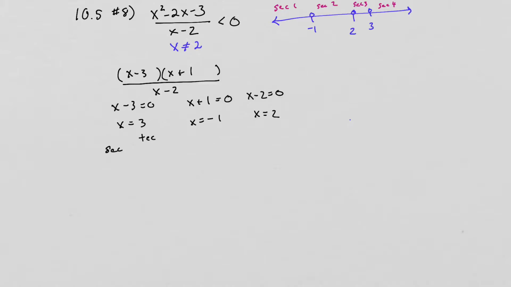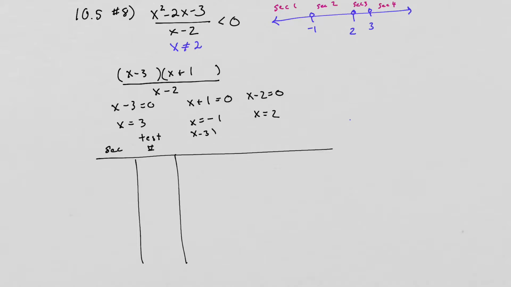From each section, we'll pick a test number, and we'll plug the test number into the factored form of the inequality. And what we want then is for the inequality to come out less than 0. So we're going to check and see, does that happen?